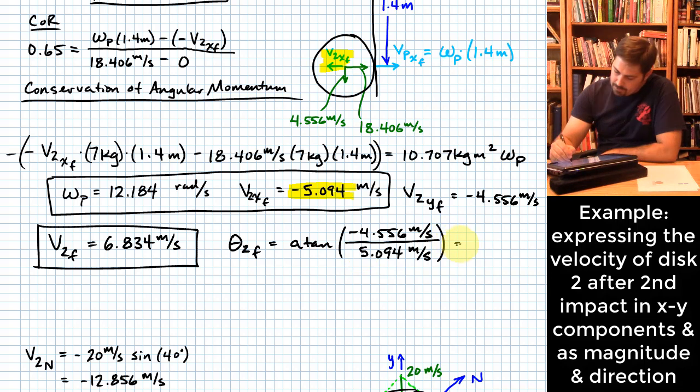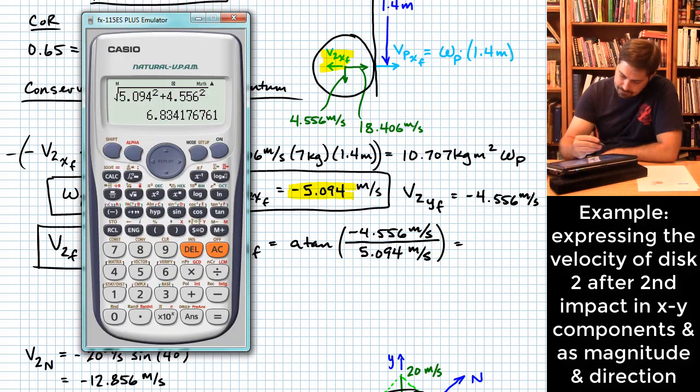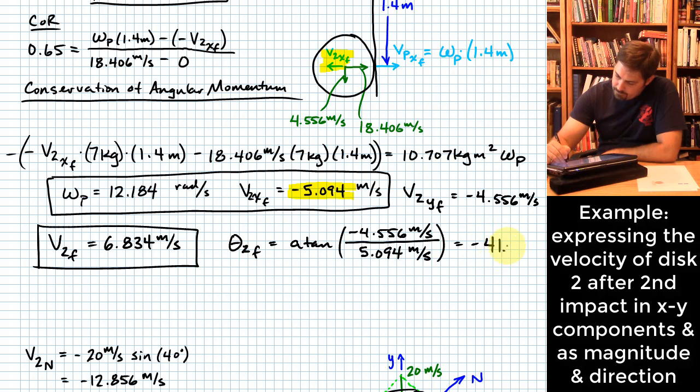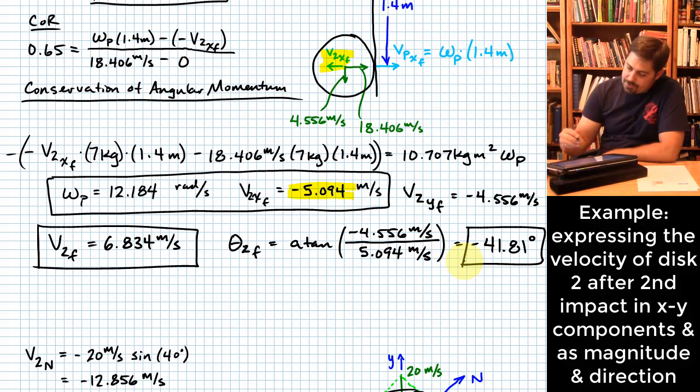All right, so we'll punch those in. Arctangent of negative 4.556 divided by 5.094 gives me negative 41.81 degrees. Now do I need to check the quadrant?